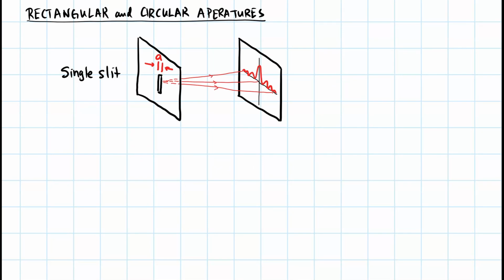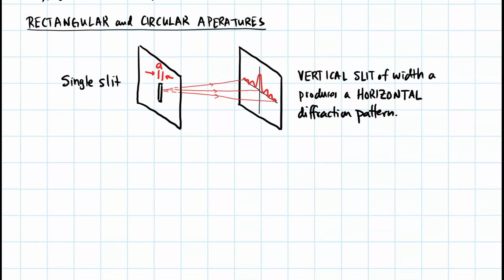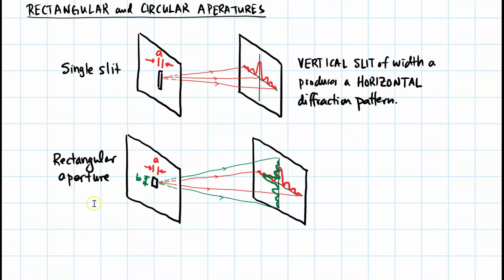Rectangular and circular apertures. If I have a single vertical slit of width a, it's going to produce a diffraction pattern that looks something like this. That is, a vertical slit of width a produces a horizontal diffraction pattern. If I now have a rectangular aperture, I still have the vertical slit opening of a, and it still produces that.